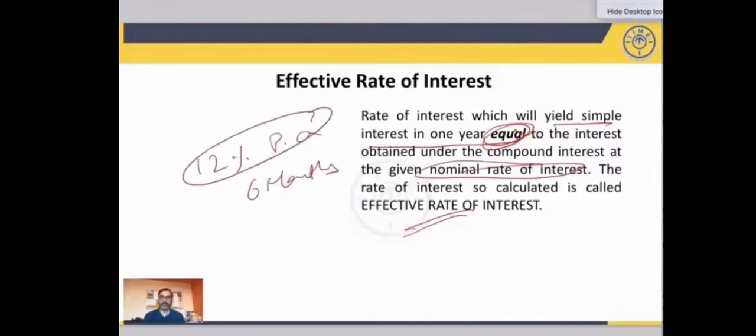So this will be the nominal rate of interest. Now at this nominal rate of interest, if you calculate the interest, you will get some value. That interest for 1 year under simple interest is called the effective rate of interest. Now let us understand this with an example.